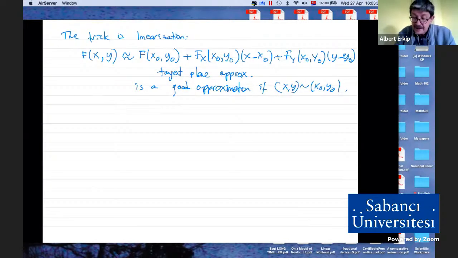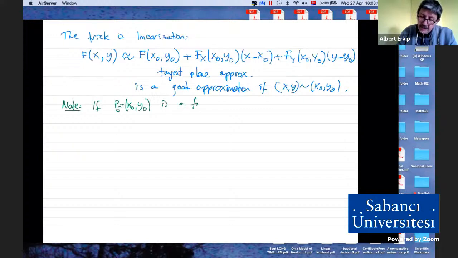Okay. Now note, if P0, (x0, y0), is a fixed point, then f(P0) and g(P0) are 0.